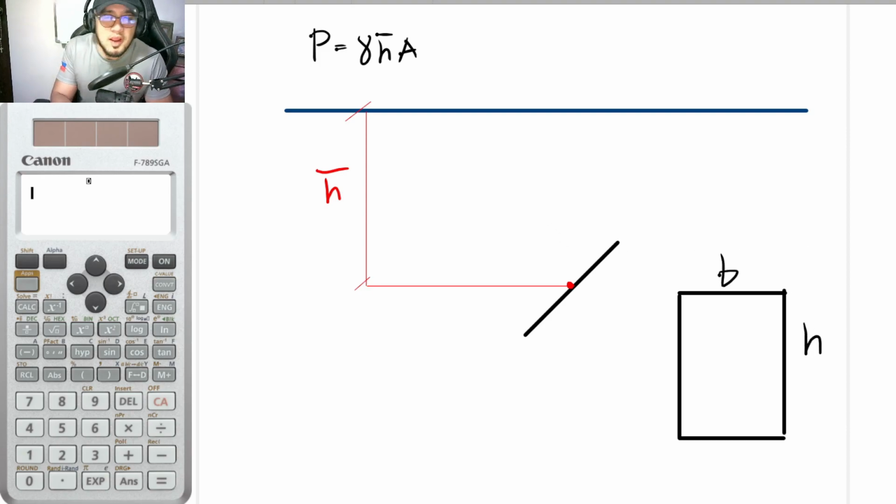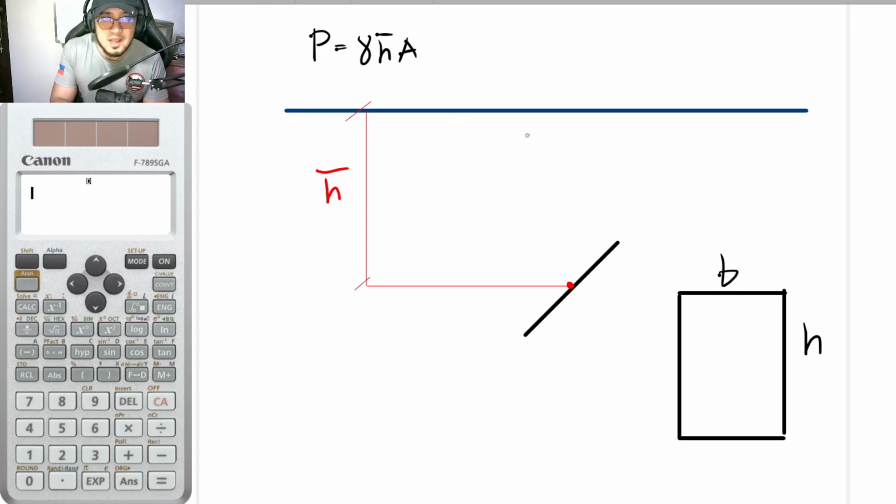So this area is dependent upon the shape of the plate itself. If your plate has a star shape, then you must know how to determine the area of a star. If it is a trapezoidal plate, then you must know the formula for getting the area of a trapezoid and whatnot.